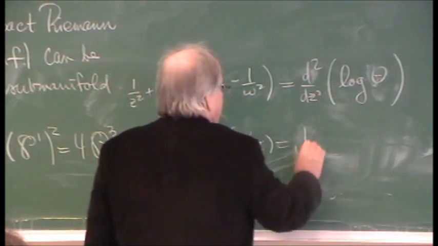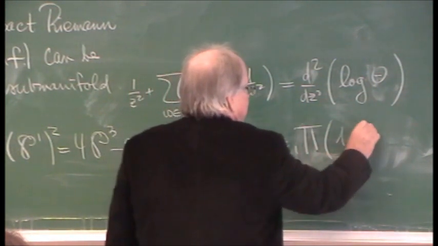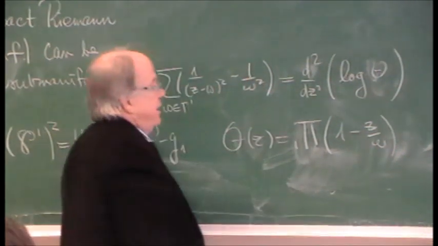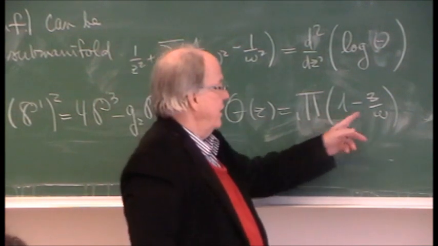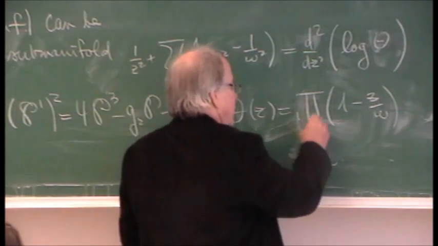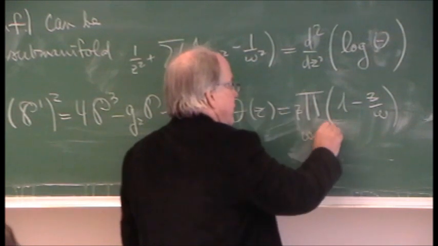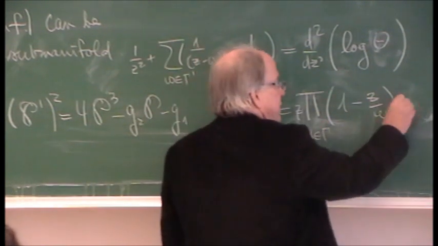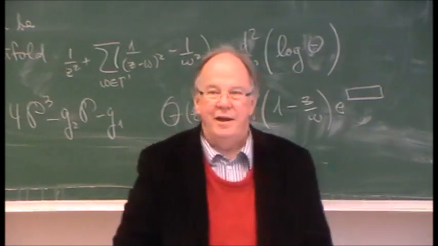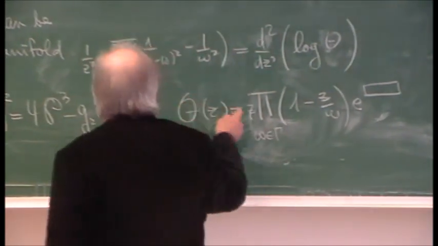And it's some terrible product development. You see, you want to have the function have zeros at the lattice elements. So this is in the lattice. Of course, you put z out here, and then you take the zero out of the lattice. And then this is a terrible thing, so you have to make it converge here.